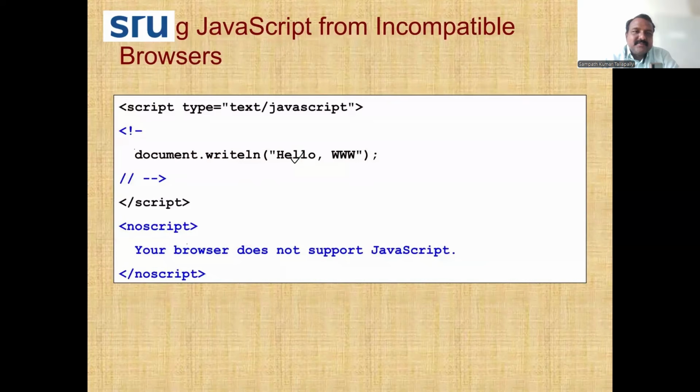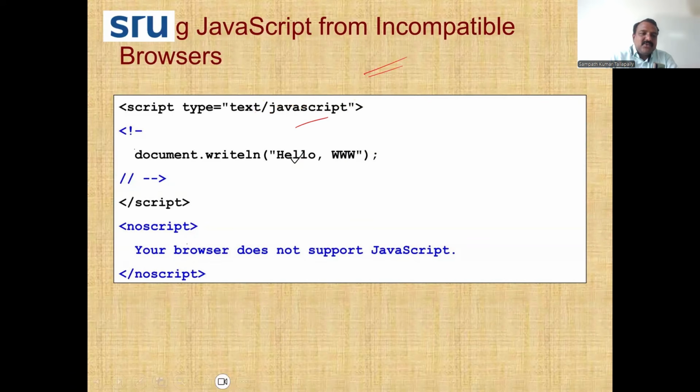Now, suppose I want to execute some code in incompatible web browsers. Suppose we can find some incompatible web browsers also, right? So what I do here, I write noscript.